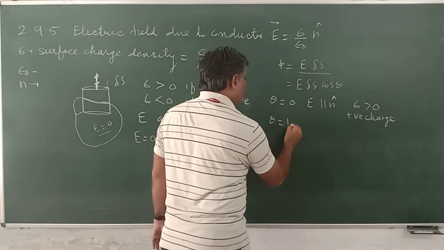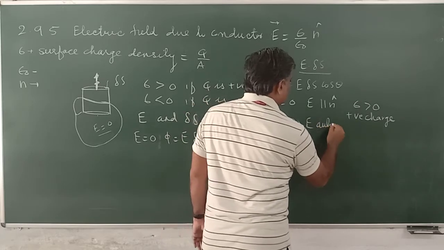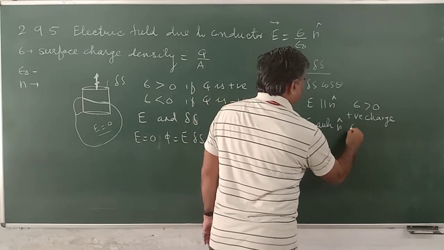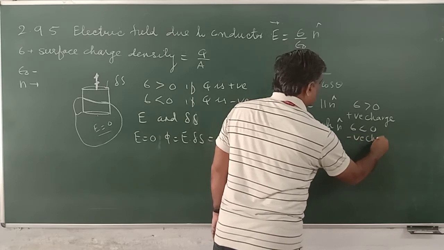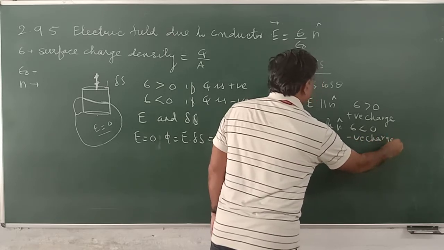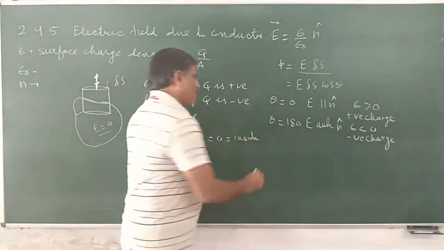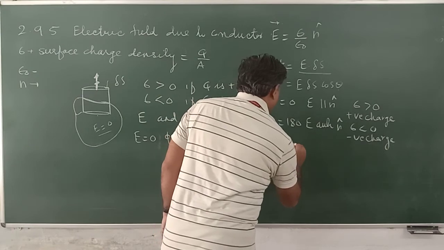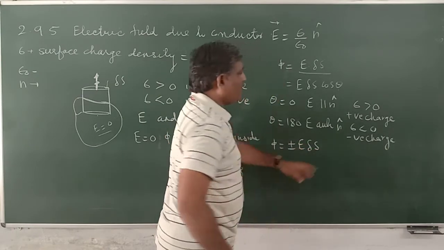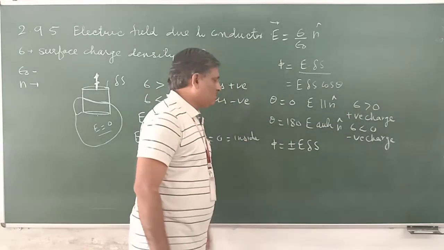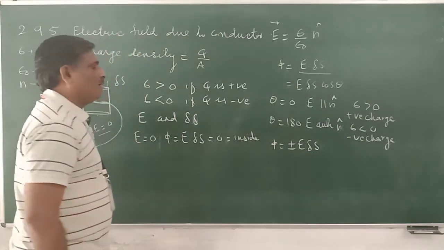Theta is equal to 180 if E is anti-parallel to n cap, sigma is negative, or negative charge. So in this case theta is either 0 or 180. Flux becomes plus or minus E delta S: plus E delta S for sigma greater than 0, minus E delta S for sigma less than 0.